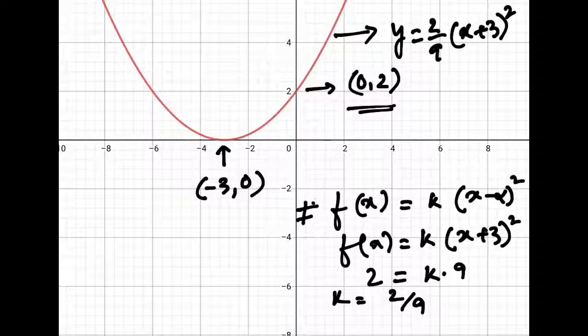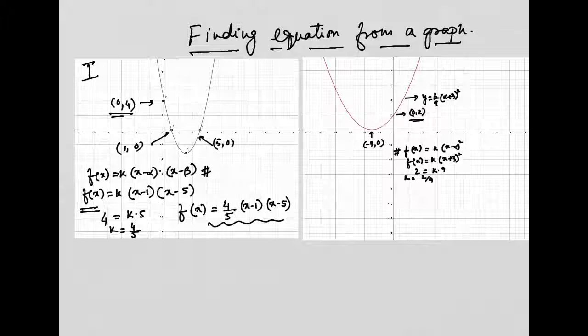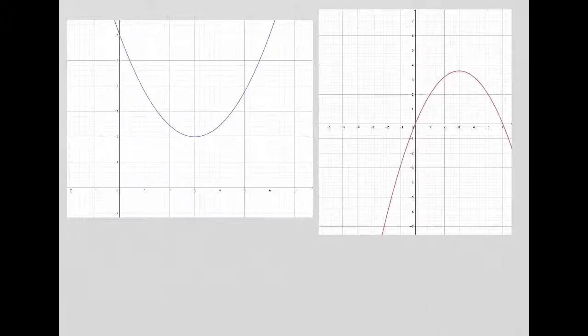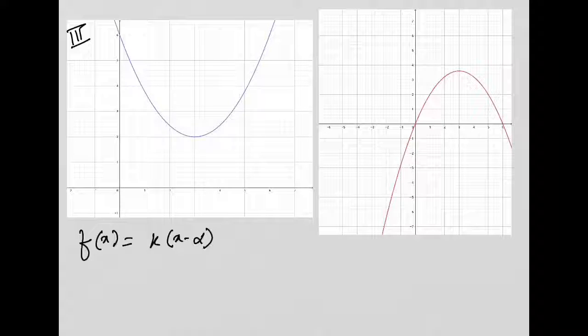For that I have to key it in the perfect square expression. Apart from that, I can have this kind of case, where I use the same perfect square form, but there is something plus already in that expression, that is f(x) = k(x - alpha) whole square plus beta. This is my turning point. I already expressed that.